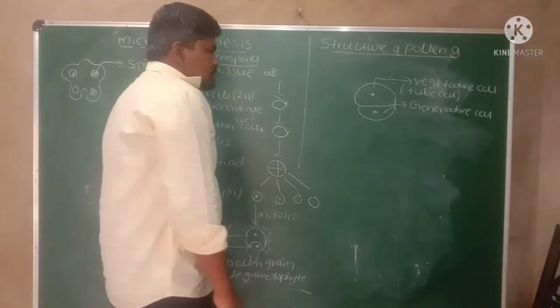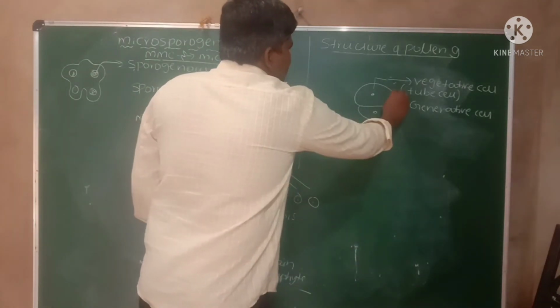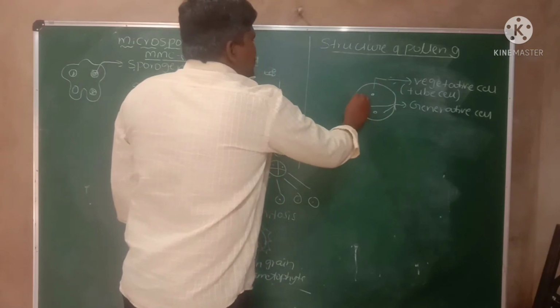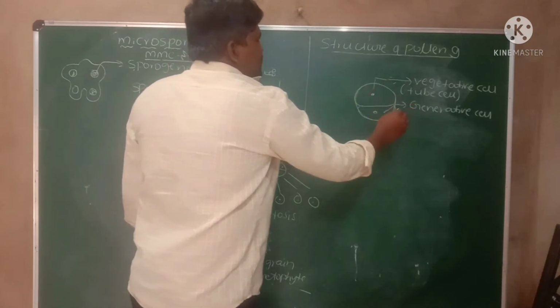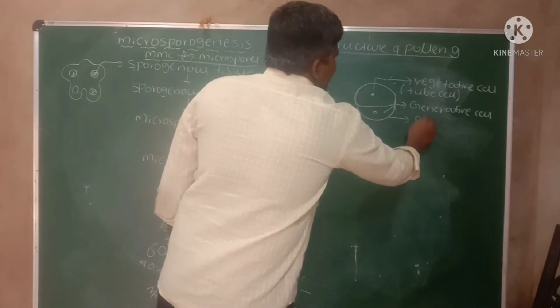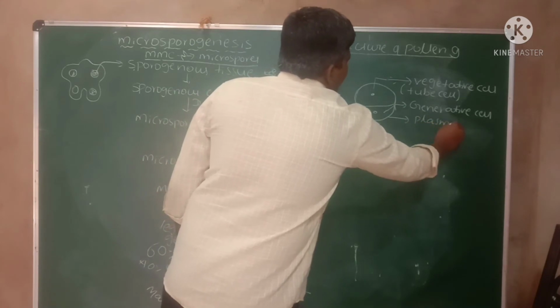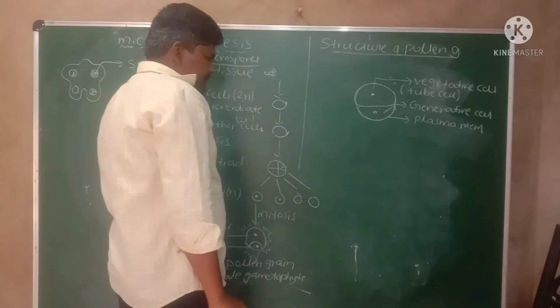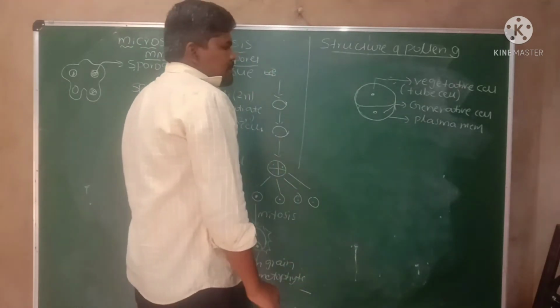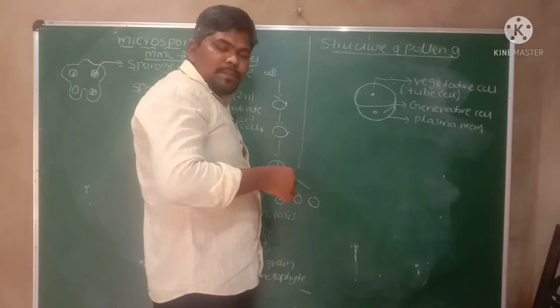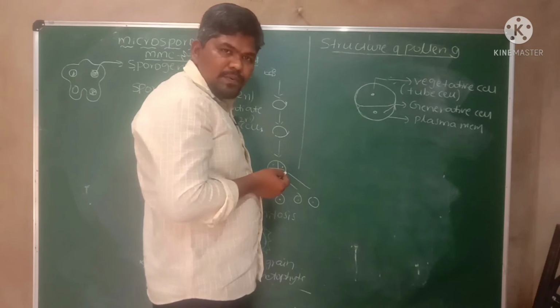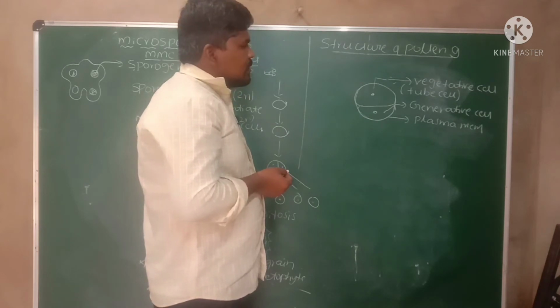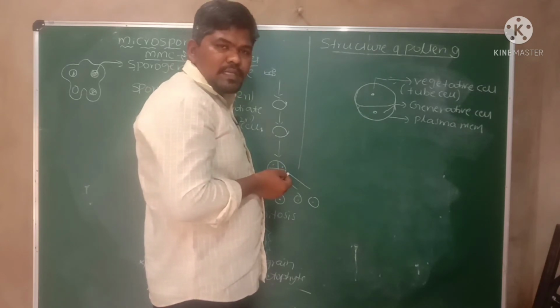Then the layer surrounding these 2 cells is called the plasma membrane.